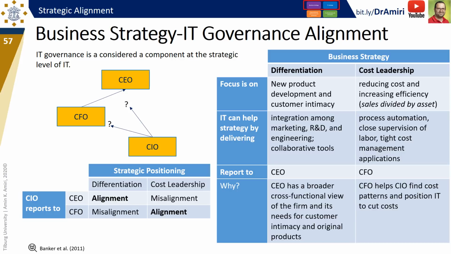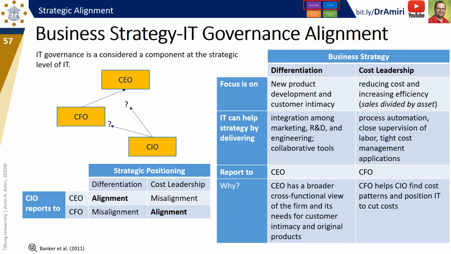So Banker et al. recommend that the CIO needs to report to the CEO for such a business strategy. The reason they provide is that the CEO has a broader cross-functional view of the firm, and CEOs have a better understanding of the needs for customer intimacy and original products.